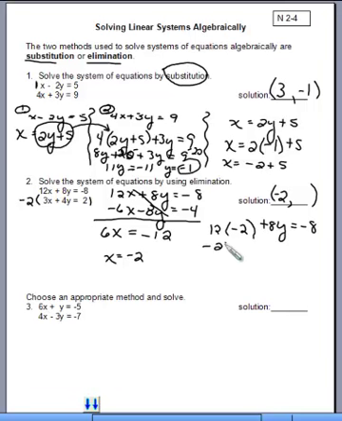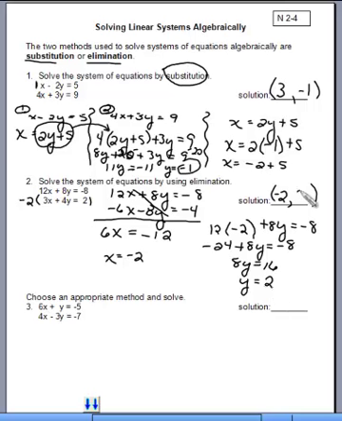So that's negative 24 plus 8y equals negative 8. When I add 24 across, 8y is equal to negative 8 plus 24, which is going to be 16. Okay, and so dividing by 8, y equals 2.